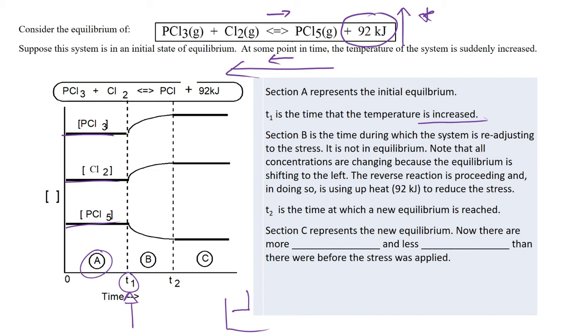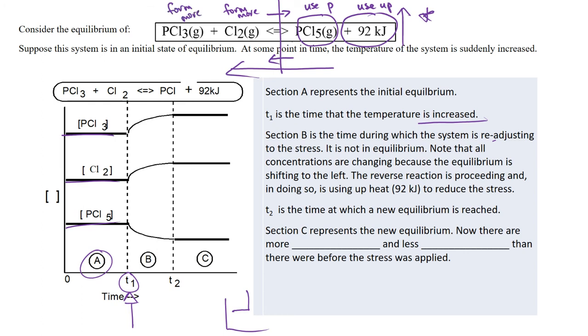In the reverse reaction, what's going to happen? Well, that means if we're trying to use up heat that we added, then this PCl5 will also be used up because it's on the same side, and they shift to the left. So we're going to form more Cl2 and form more PCl3.